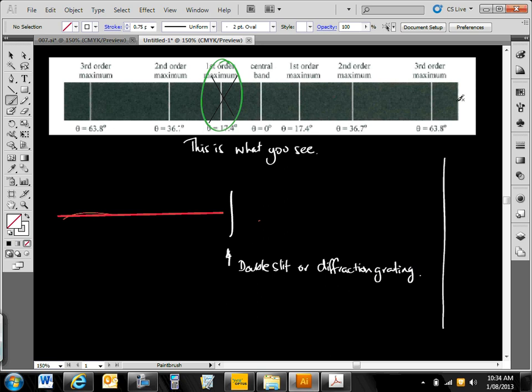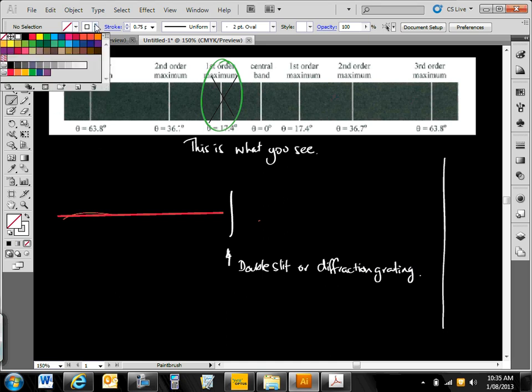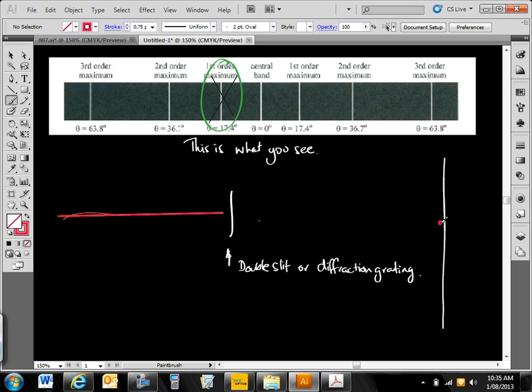You'll see this whole thing, because the whiteboard's big enough, hopefully. You'll see your central maximum, your first order maximum on each side, and your second order maximum on each side.